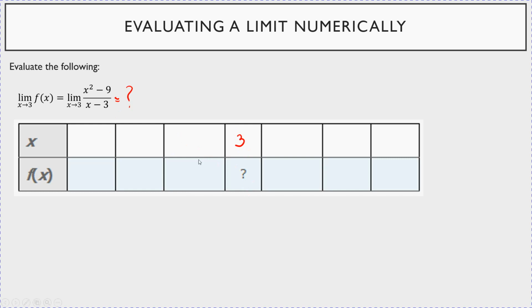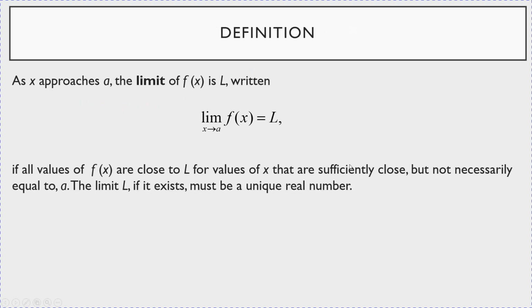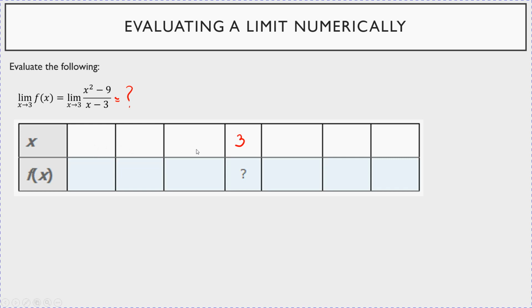So going back to our definition, you look at values that are sufficiently close. You'll notice I have a table here that has 3 spots. Sufficiently close is really a number like 2.999, really, really close to 3. Let me back it out just a little bit further. I'm going to pick 2.9, 2.99, 2.999.